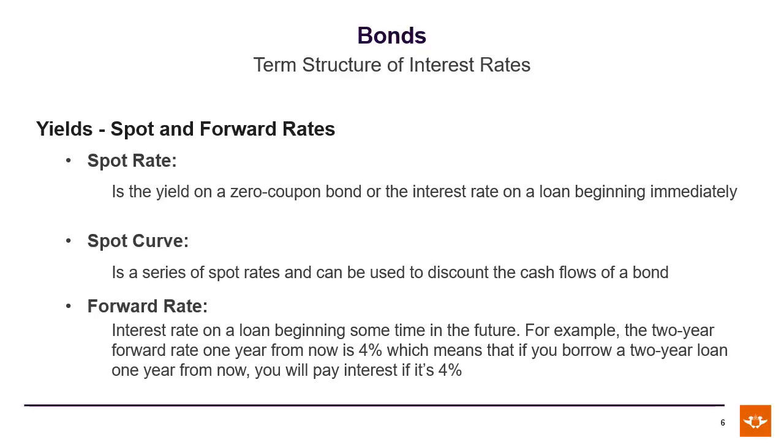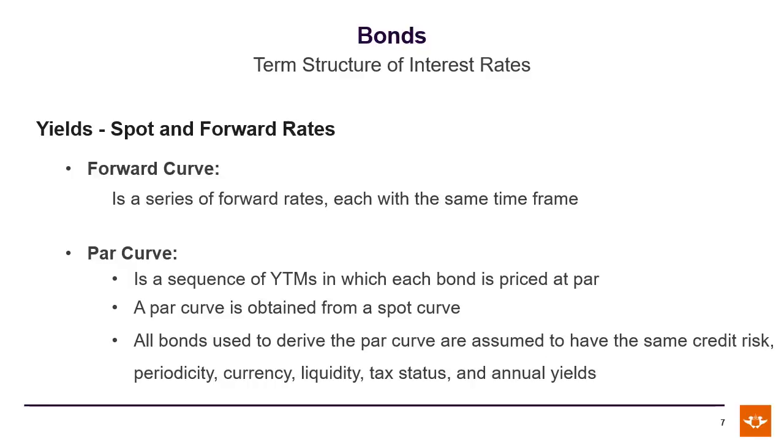The forward rate is an interest rate on a loan beginning sometime in the future. So for example, if you're given a 2-year forward rate 1 year from now as being 4%, what that means simply is that if you decide in 1 year's time to take out a 2-year loan, the interest you will be paying is 4%. The forward curve is a series of forward rates, each with the same time frame.